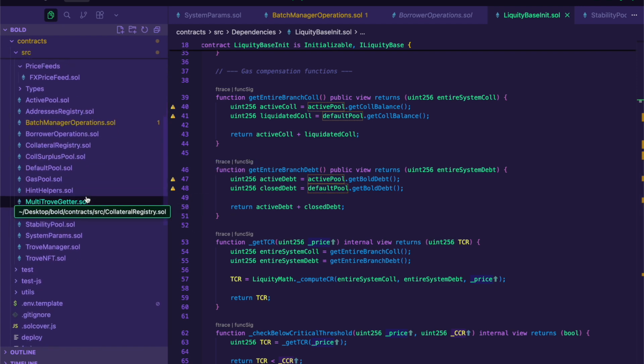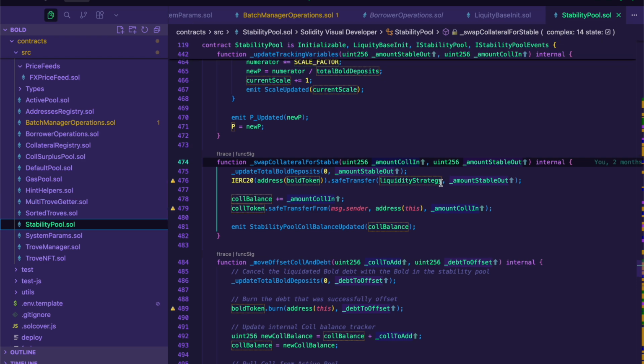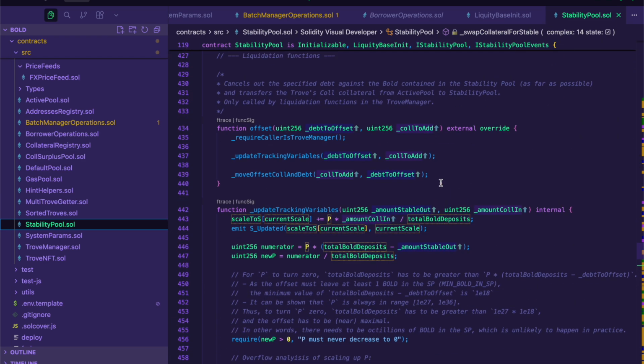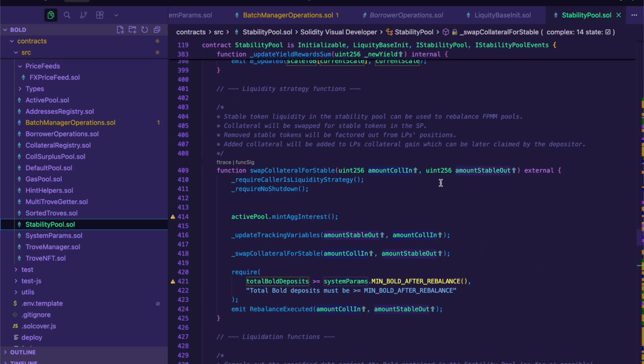The next thing, and I guess the more important changes, happened in the stability pool contract. When you go here, there is a function called swap collateral for stable. We introduced this function because in our system we need access to liquidity for our rebalances.